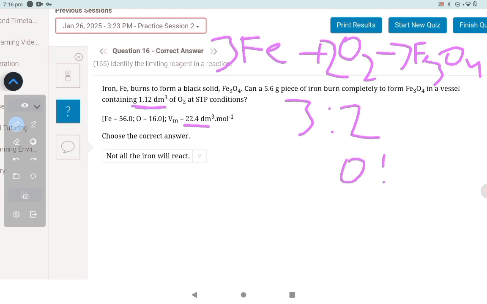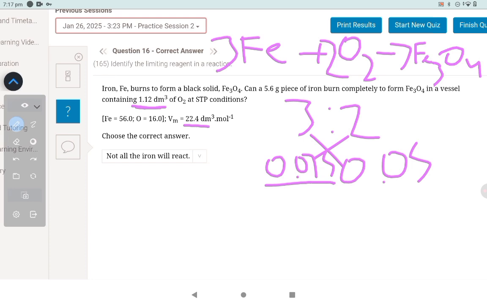Doing the mole ratio, we multiply by 3 divided by 2, and we get the moles of iron to be 0.075. That is how much would actually completely burn to produce Fe3O4.